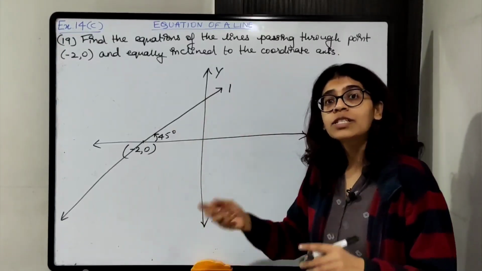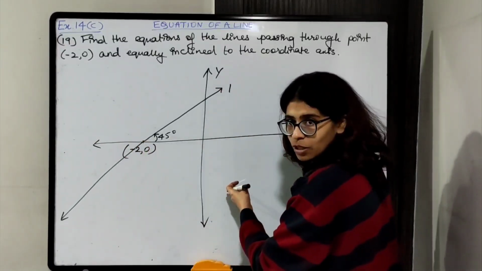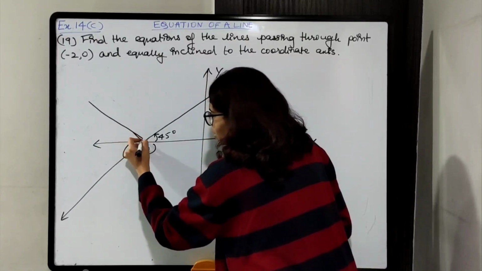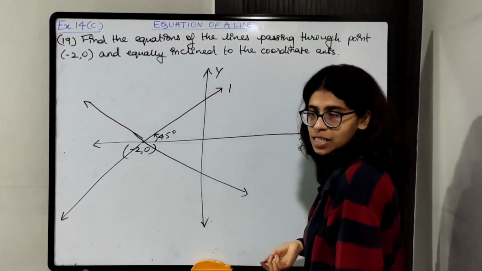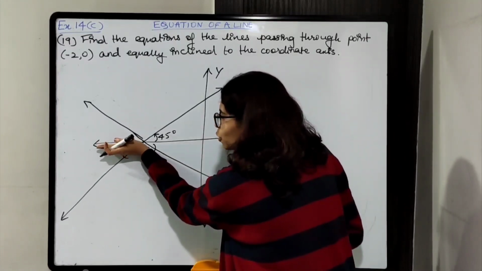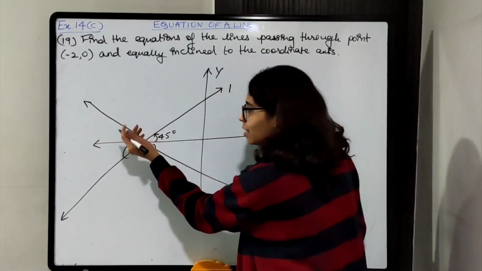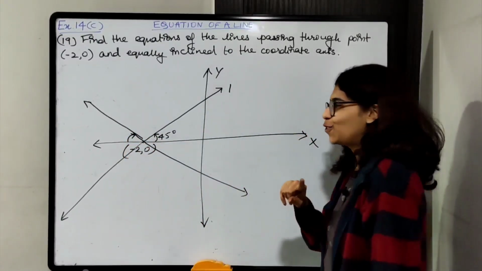There is another line which is again making 45 degrees, but it is like this. Negative 45 ho jayega. So there is another line passing through the same point, and if you measure from the x axis, then it is clockwise, so it is minus 45.